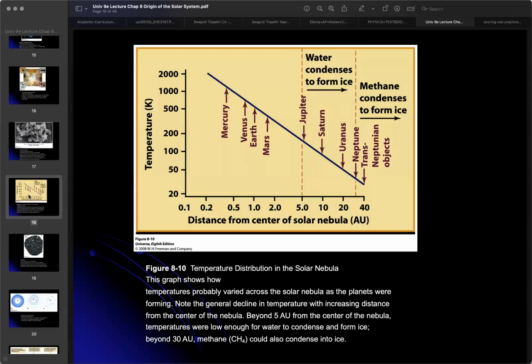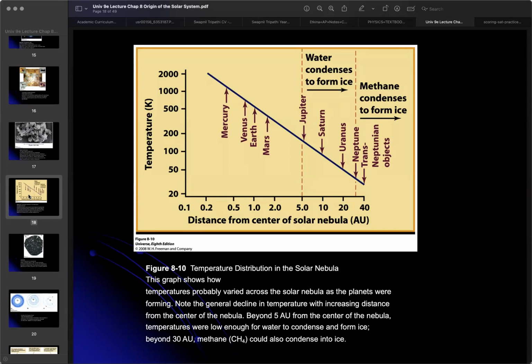So in the center of the solar nebula, the sun was formed. There was a source of heat, and that produced a temperature gradient where it was hotter closer to the sun, closer to the center of the disk, and colder further away.